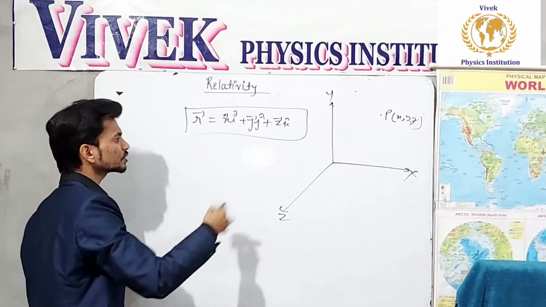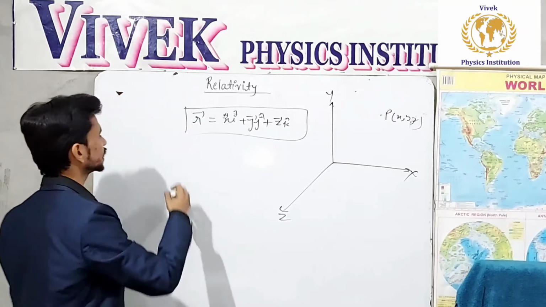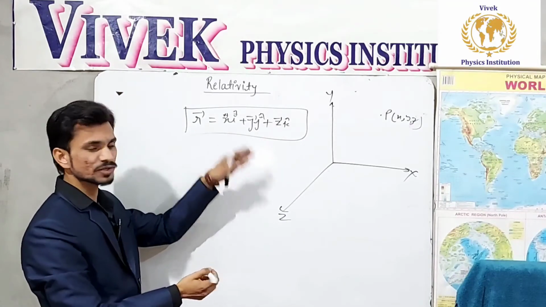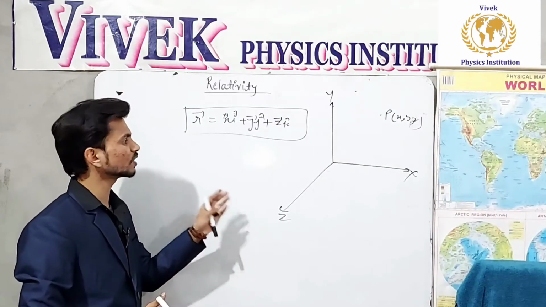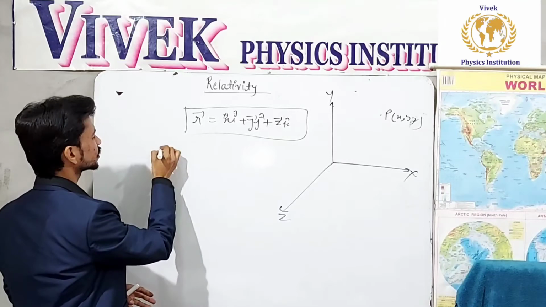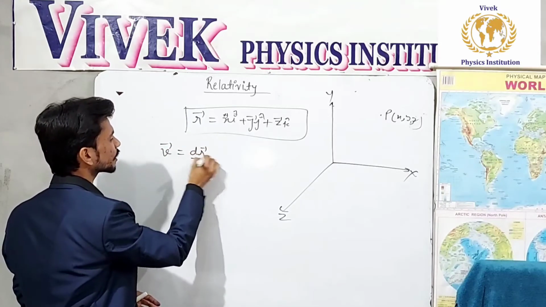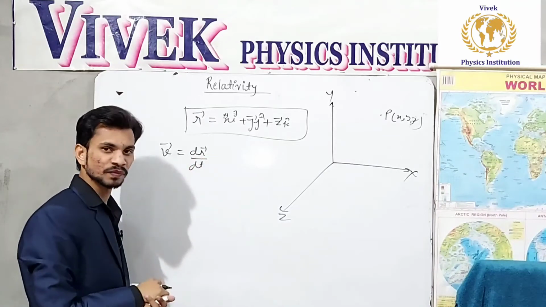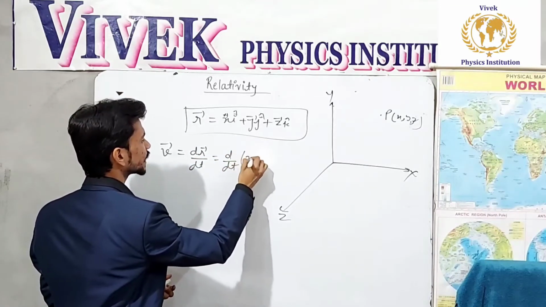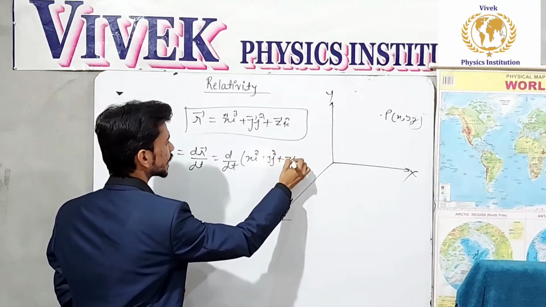So if you are interested in finding the velocity of this particle p, if it is in motion, then that will be the first derivative of this position vector. Okay, the rate of change of position vector gives you what? The velocity. Let's say that is v, and v is nothing but the rate of change of position vector with respect to time. So that will be d/dt of xi plus yj plus zk.